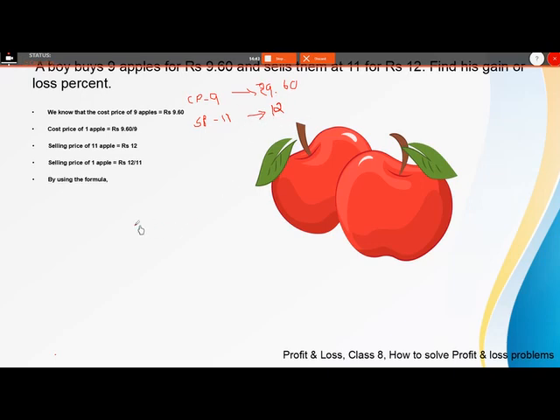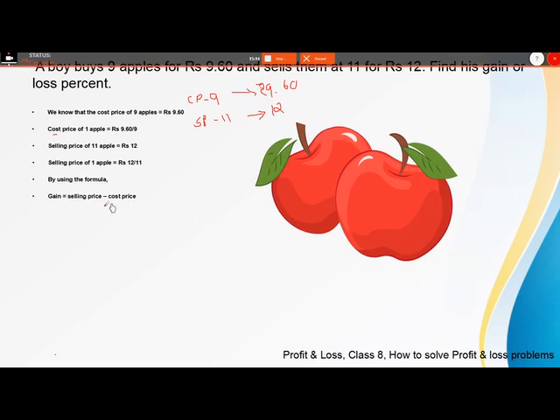Right? So now what we have to do, we found the cost price of one apple, that is 9.60 upon 9, definitely. And the selling price of 11 apples is 12 rupees. So the selling price of one apple is 12 upon 11. So here we did the same: cost price of one apple and selling price of one apple. Now by using the formula, we will find the gain.